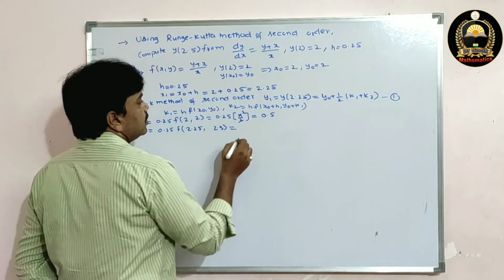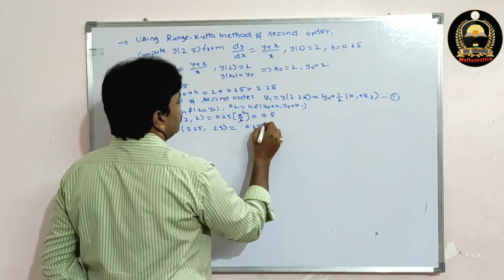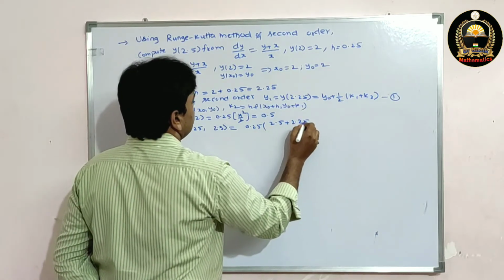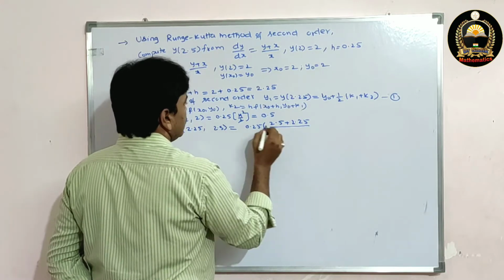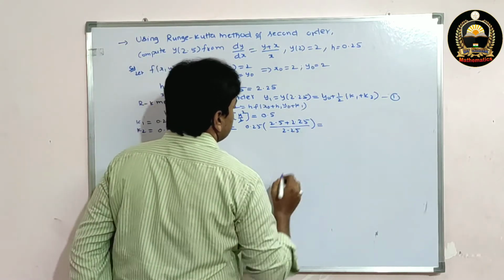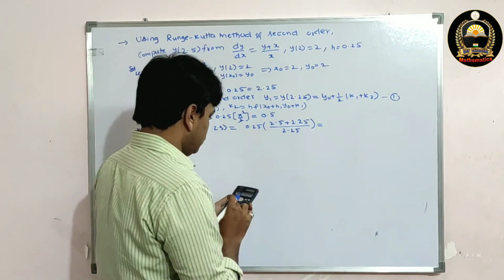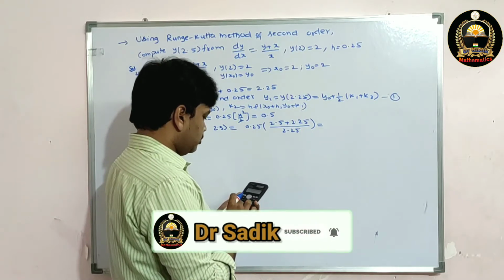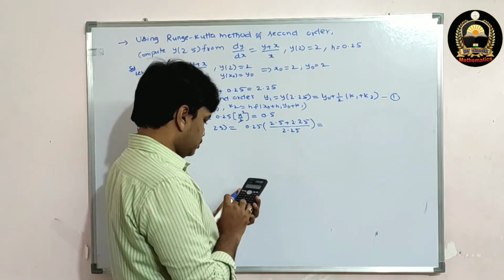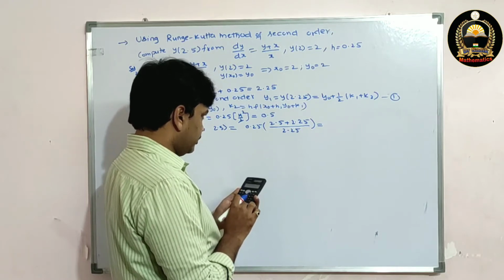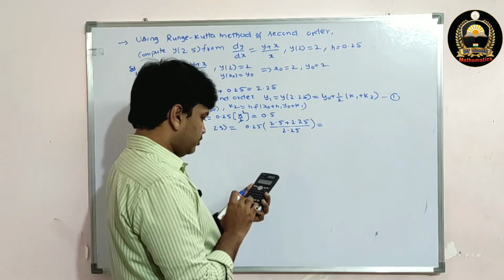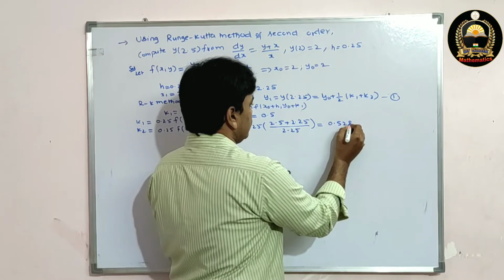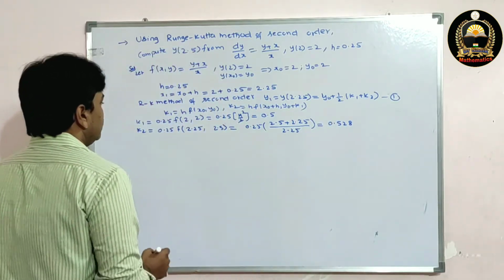That is equal to 0.25 into (y plus x)/x, that is 0.25 into (2.5 plus 2.25) divided by 2.25. That is equal to 0.528. You get k1, k2 values, students.